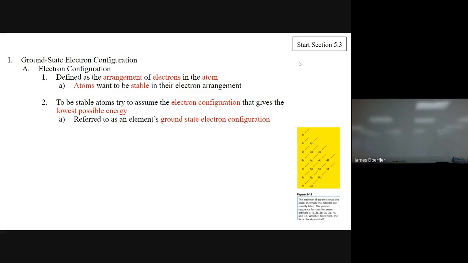What Judah is passing around is a form of the periodic table. However, you'll notice that it doesn't have the elements or any other information regarding elements on there. What it has are numbers and letters. Okay? So, those numbers and letters are what we are going to be working with pretty much for the next almost week. Okay?